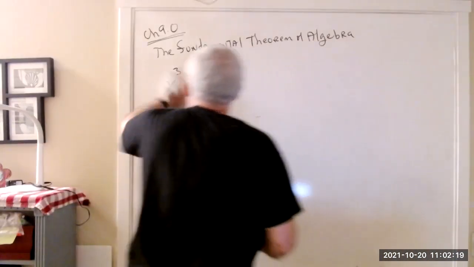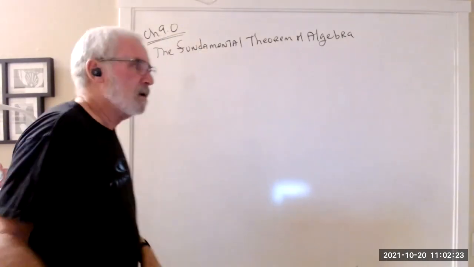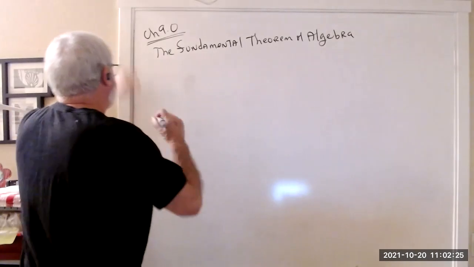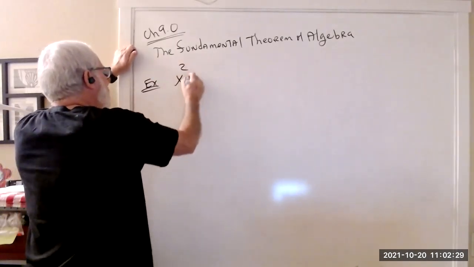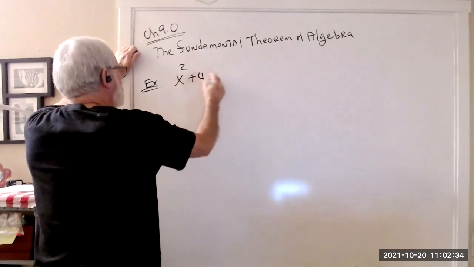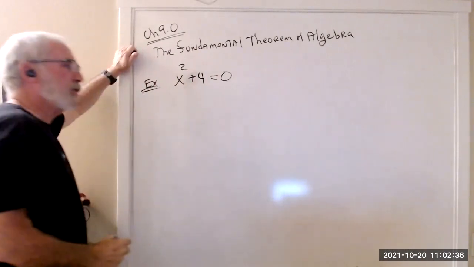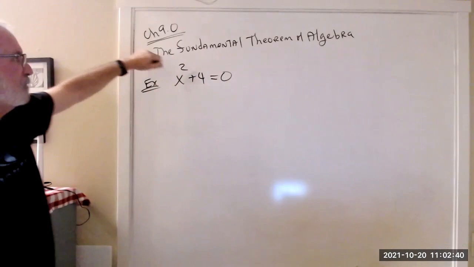Well, everybody goes, yeah, and they all like that proof. And then somebody came up and said, oh yeah, find the answers to that problem. It's supposed to have 2 solutions.